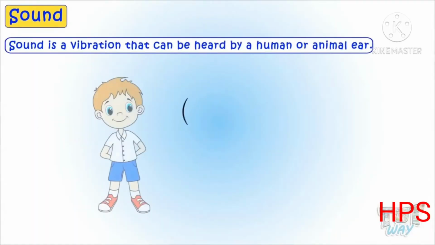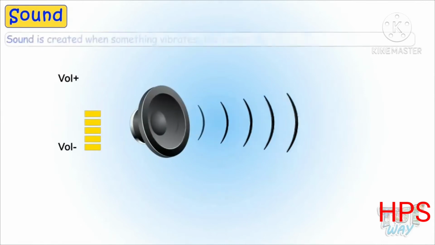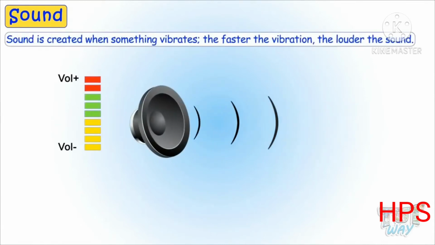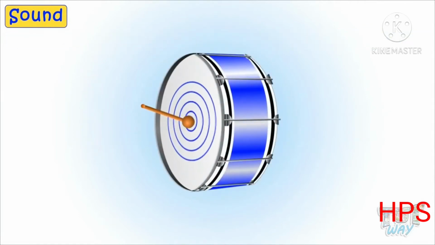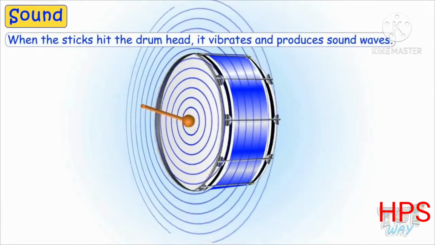Sound is a vibration that can be heard by a human or animal ear. Sound is created when something vibrates. The faster the vibration, the louder the sound. The stick hits the drum head, it vibrates and produces sound waves.